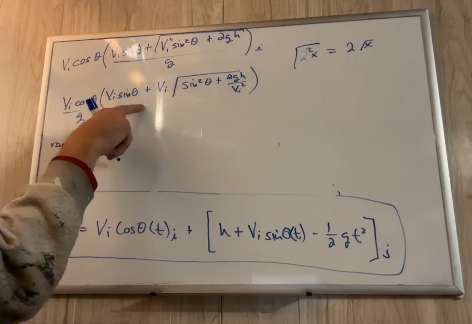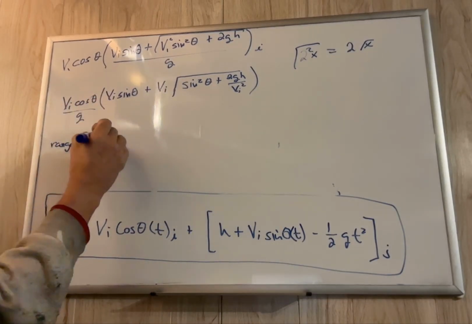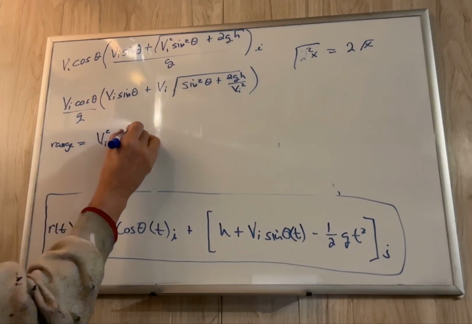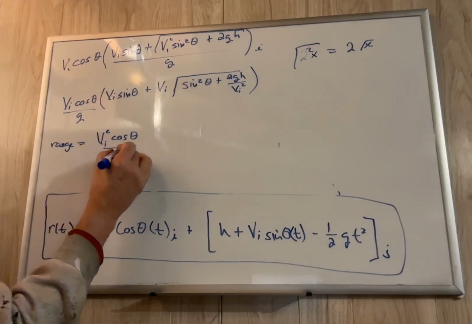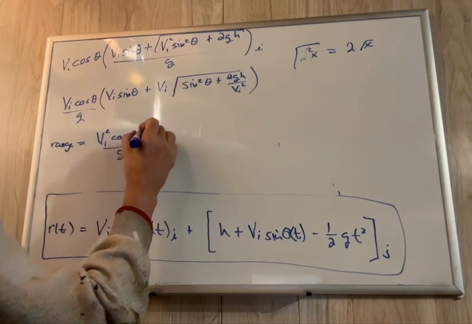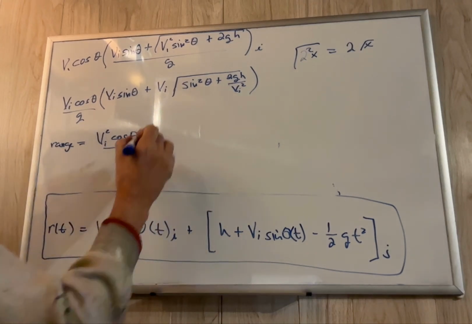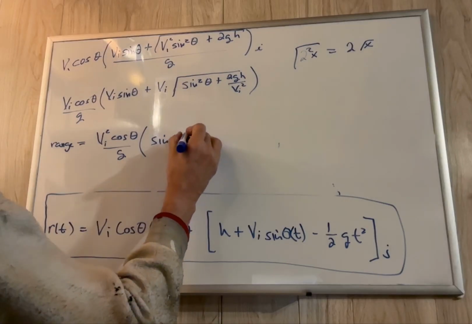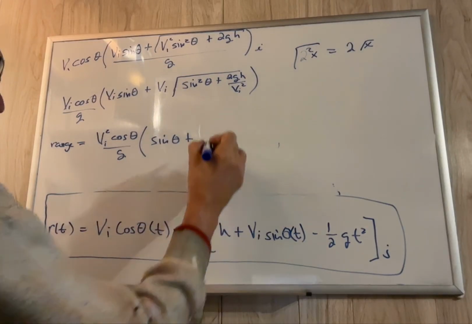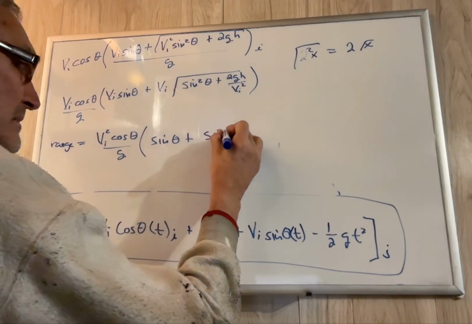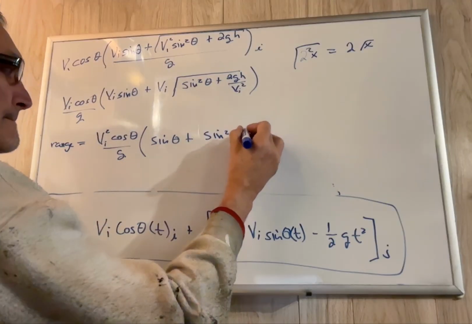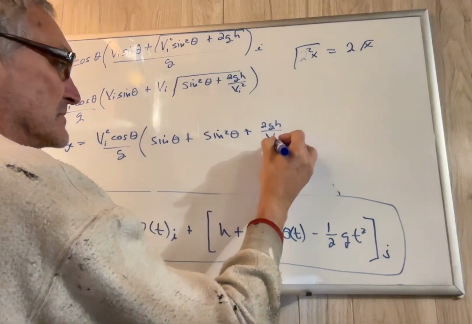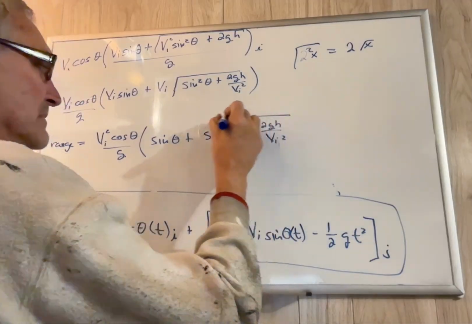range it goes, is going to be, since we're pulling our velocities out, velocity initial squared cosine theta divided by g, right, times sine theta plus the square root of sine squared theta plus 2gh divided by velocity initial squared.